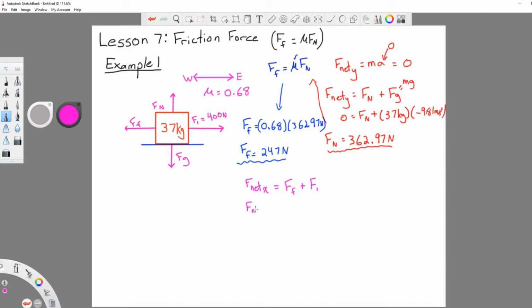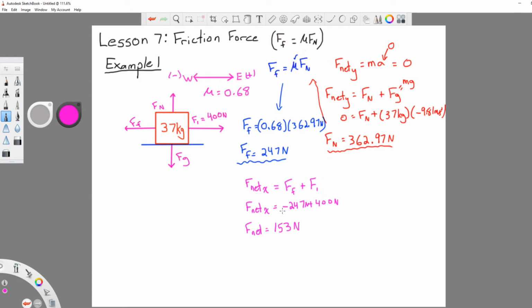So we can say F net x is equal to, force of friction here is going to the left. And in this case, I will make left negative, right positive. So force of friction is negative 247 newtons plus 400 newtons, which leaves us with a net force in the x direction of 153 newtons.